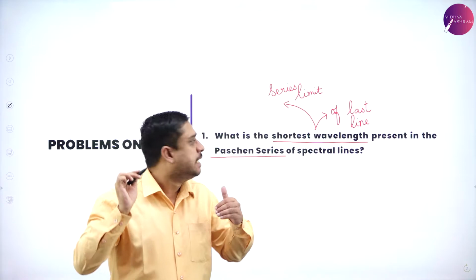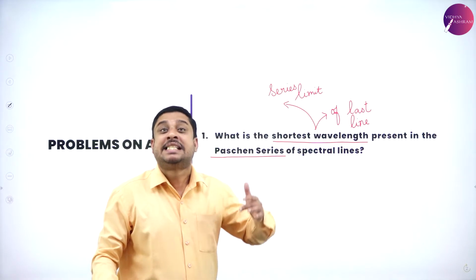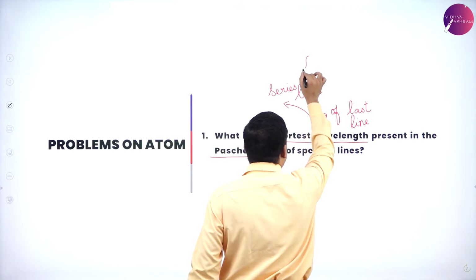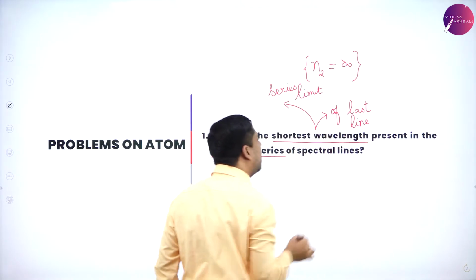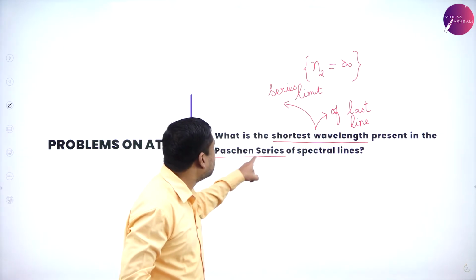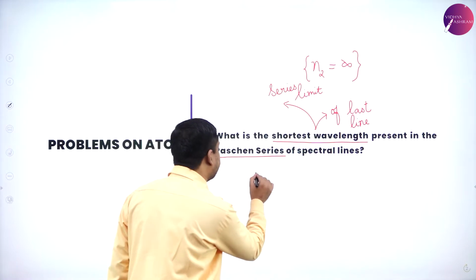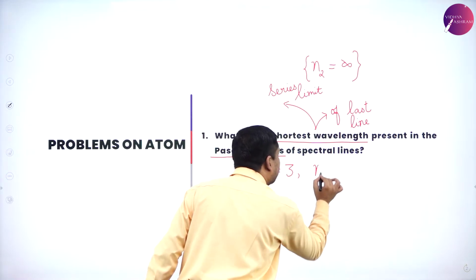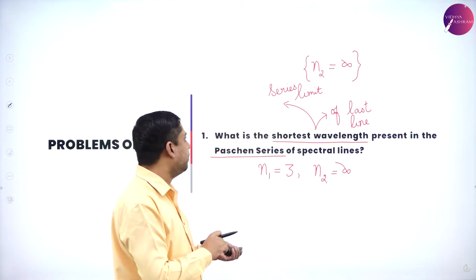Wavelength of the last line of the given series, or series limit of the given series, for which n2 is equal to infinity, and I have to calculate it in case of Paschen series, where n1 is 3, n2 now becomes infinity.